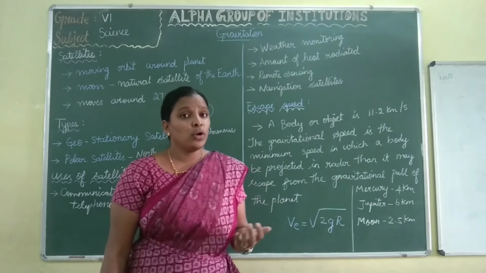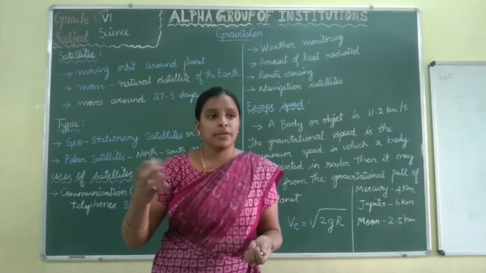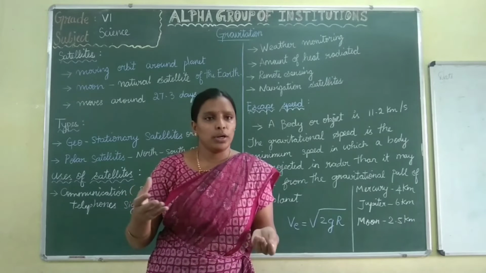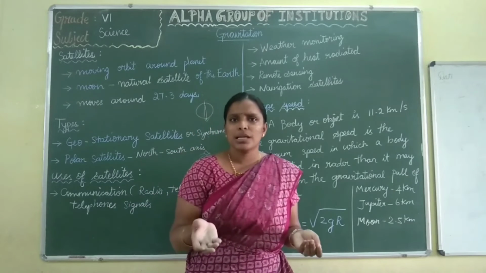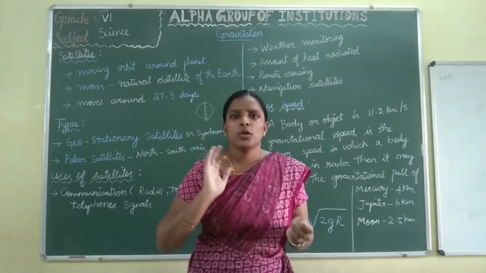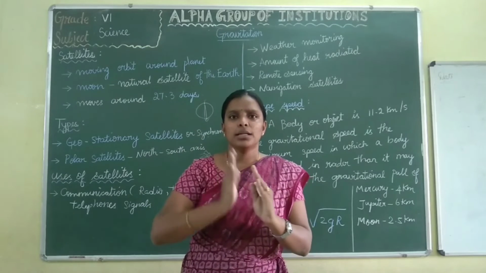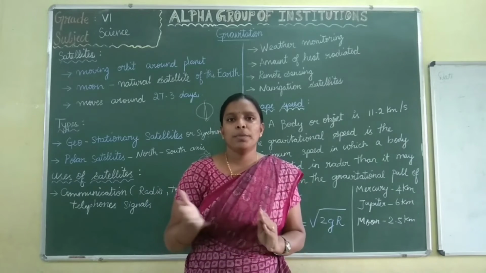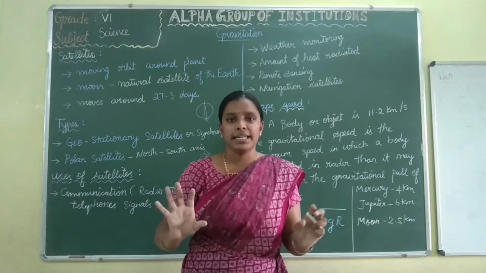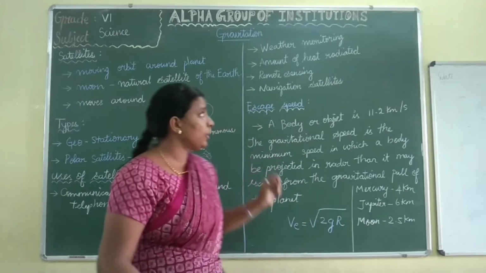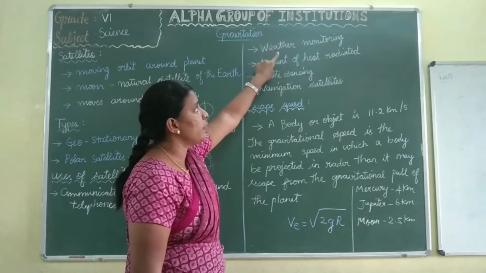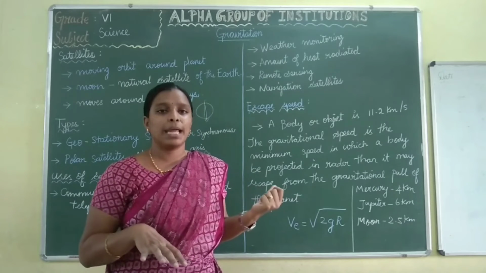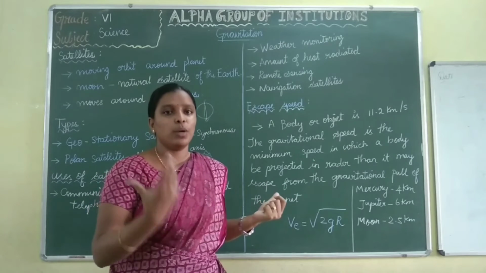Even on your phone, if you search, the weather app is on by default and notifies you. You can also see the timings: 6 to 9 it will rain, then 9 to 10 it will be sunny, and then it will be rainy, stormy or windy. Everything is given in detail. Because of the satellite only, this weather monitoring is possible, and we are able to know how the weather is going.